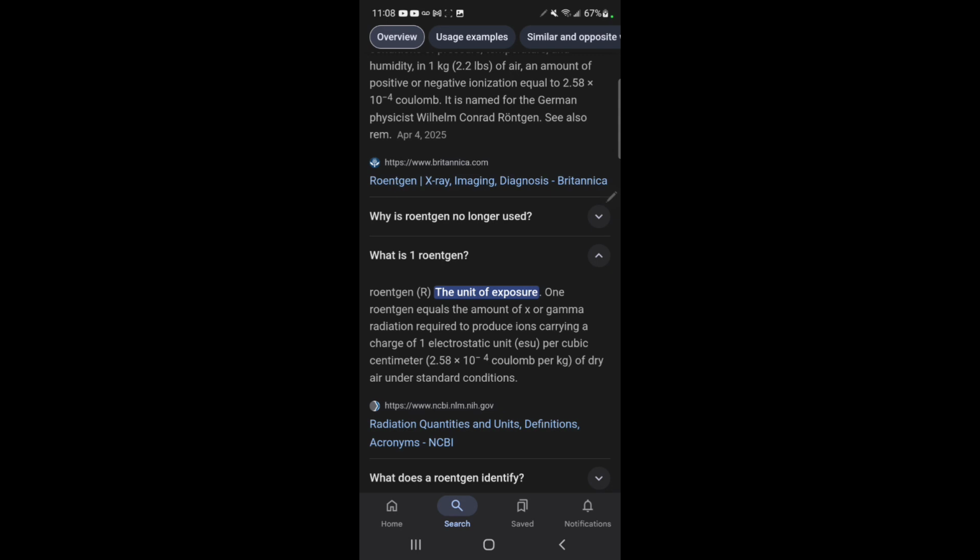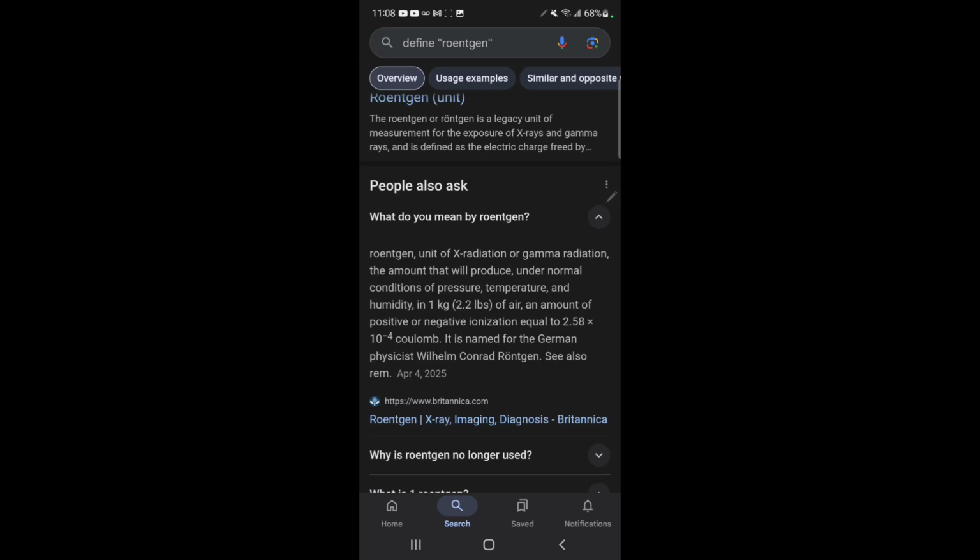Standard conditions. That is one Roentgen. So again, that's a unit of X radiation, X-ray, X radiation, or gamma radiation.